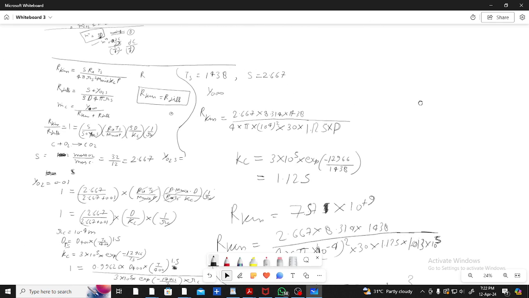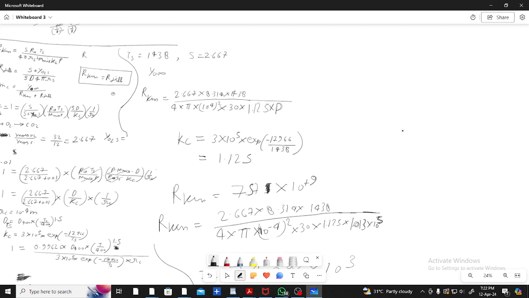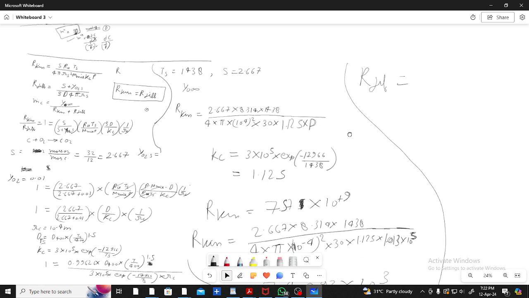Similarly, you calculate R diffusion. Now you need the density.